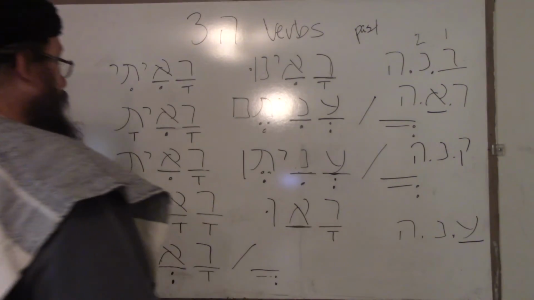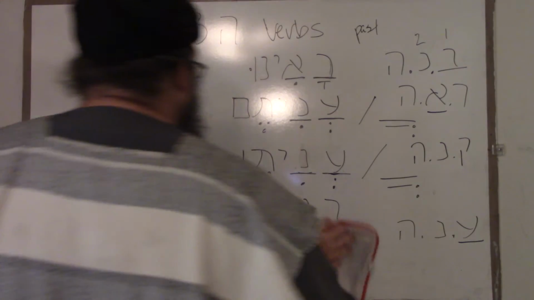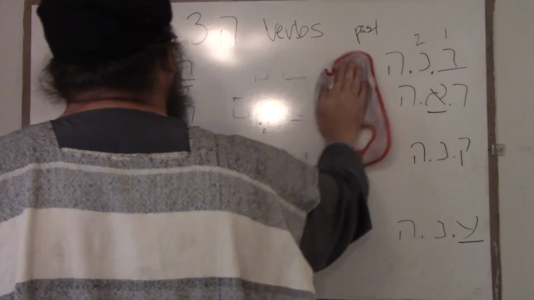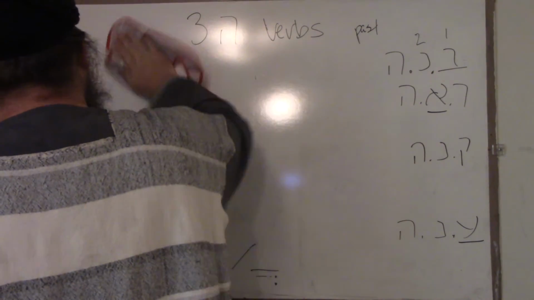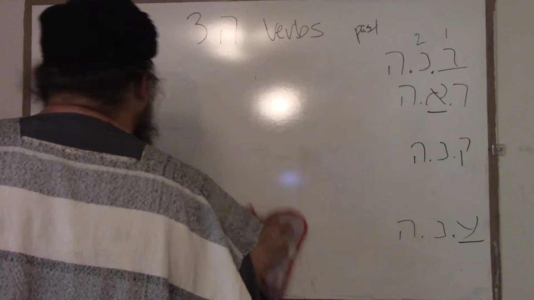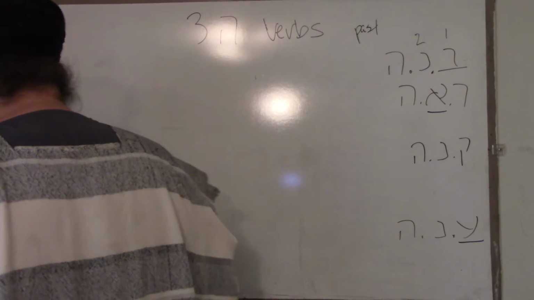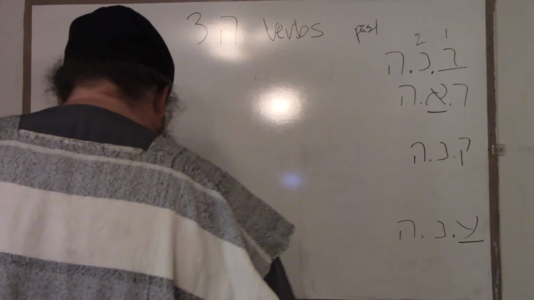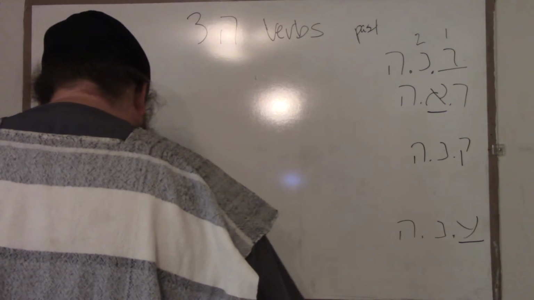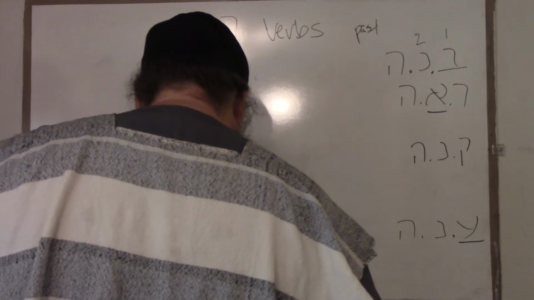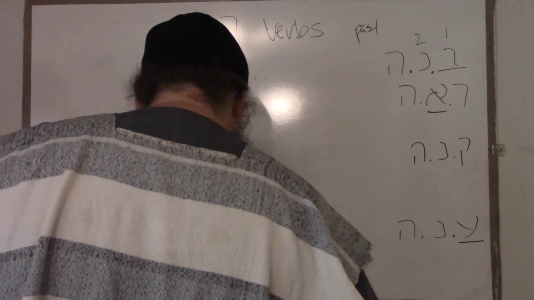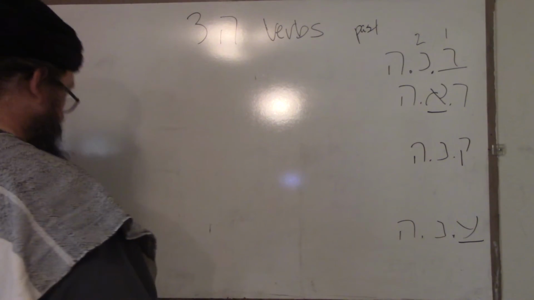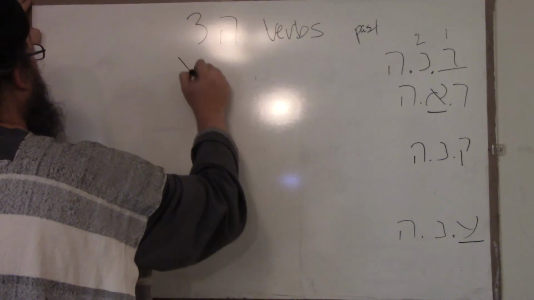Now I'm going to pull out the future form so we can see this. We have the past tense, and now we need to go into the future. Here in the future, in this segment, we're going to be looking at the third hey, and we're going to be utilizing the future in this one.